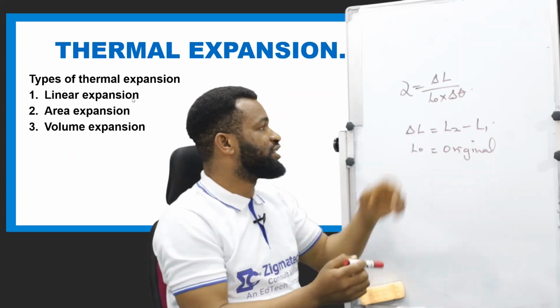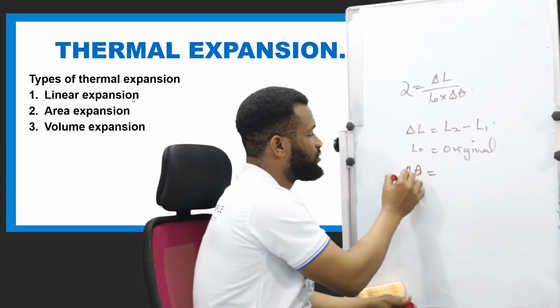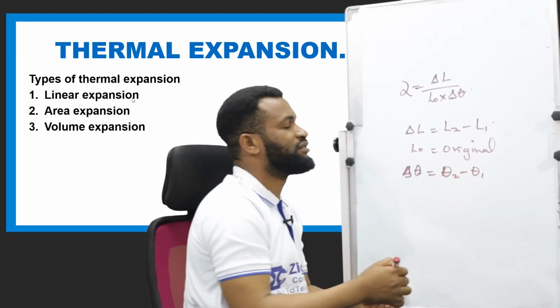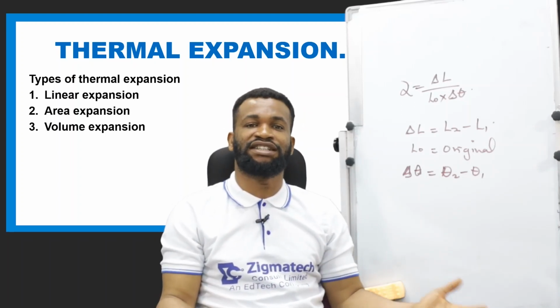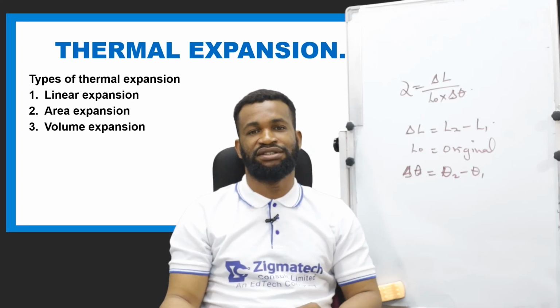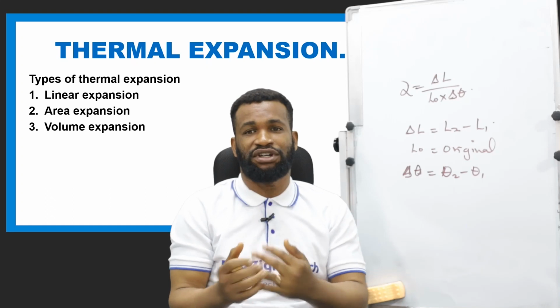Then the change in temperature could be theta 2 minus theta 1. These are the parameters we use when we are talking about linear expansivity. And this class will concentrate on the linear, and later on we talk about the area.